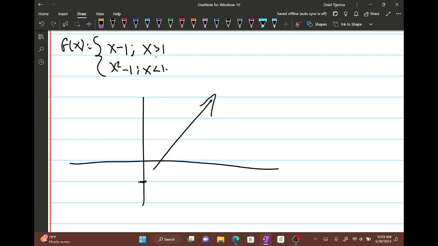But again, right here, there's a hole at x equals 1, right? So this is the first sketch of that.